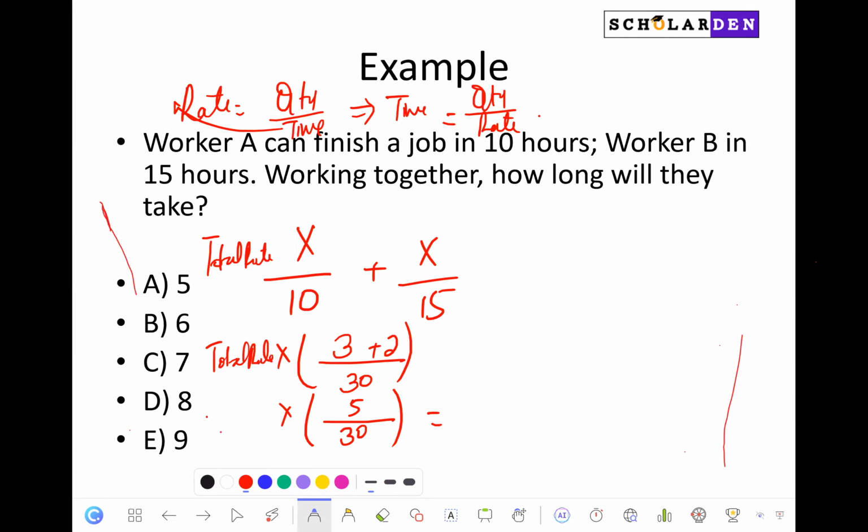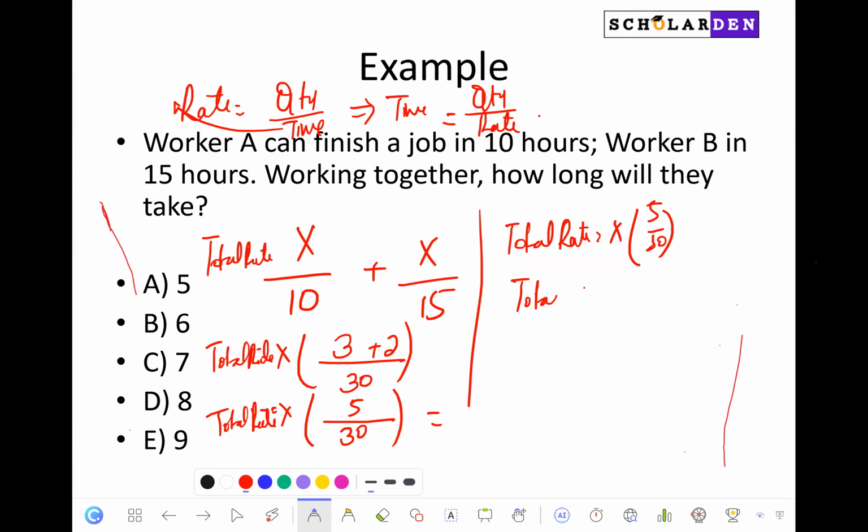So my total rate is equal to X times 5 over 30, which is X over 6. So this is my total rate.